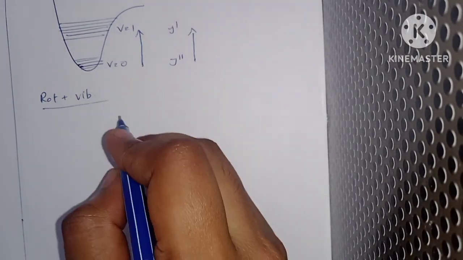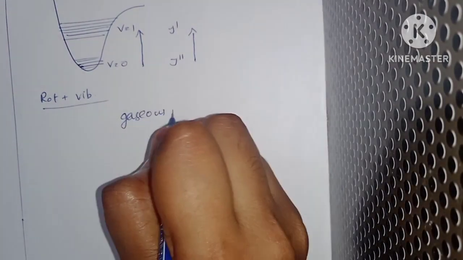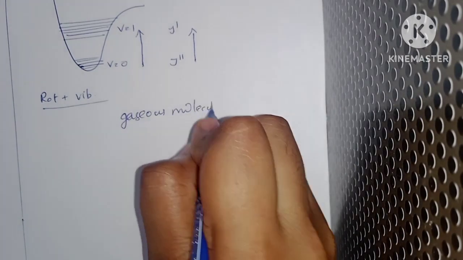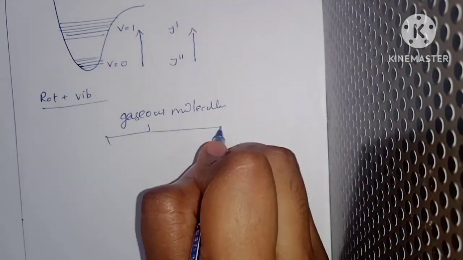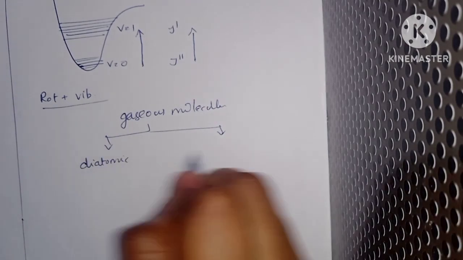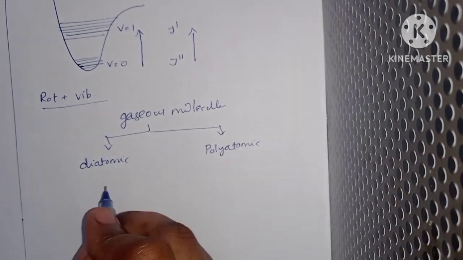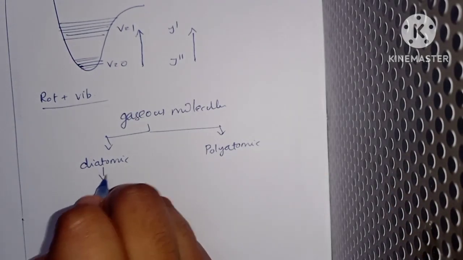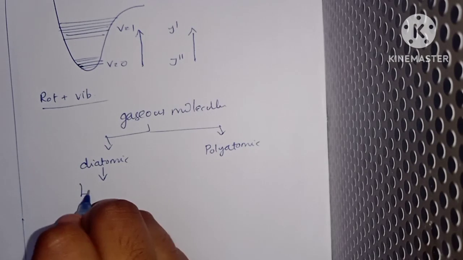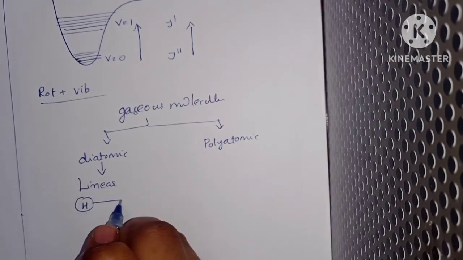If we are considering gaseous molecules, there are possibilities of diatomic molecules and polyatomic molecules. For diatomic molecules, the only possible shape is linear, just like HCl.